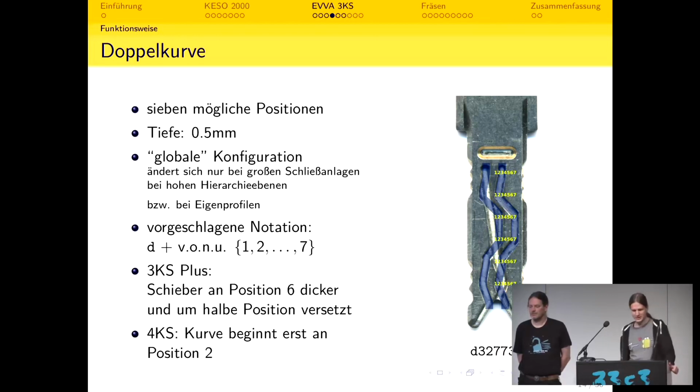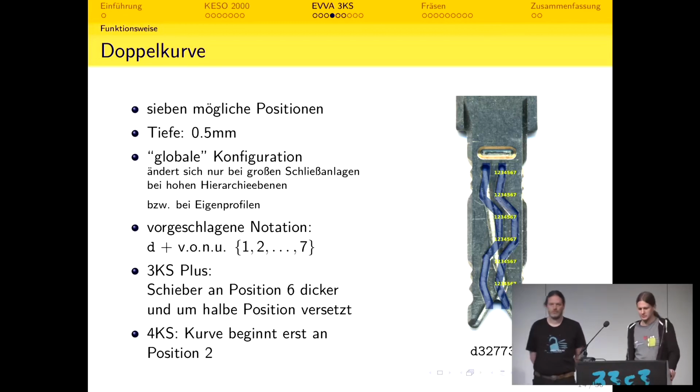3KS Plus has two successors now. 3KS Plus, that's about 10 years old, and 4KS that was just published on security conferences now, and there's only a marginal difference. And the reason for the successors is that the old patent for 3KS has expired, and 3KS Plus is valid for another 10 years.